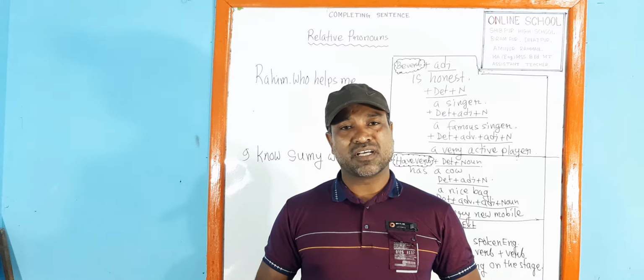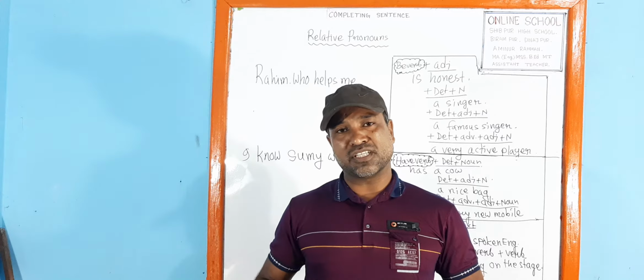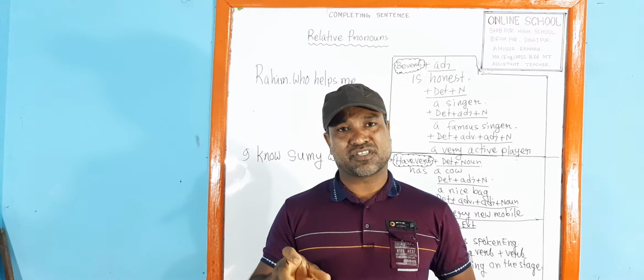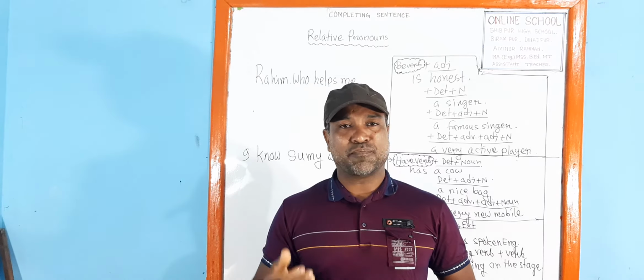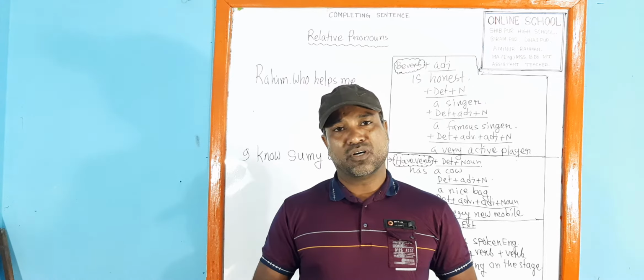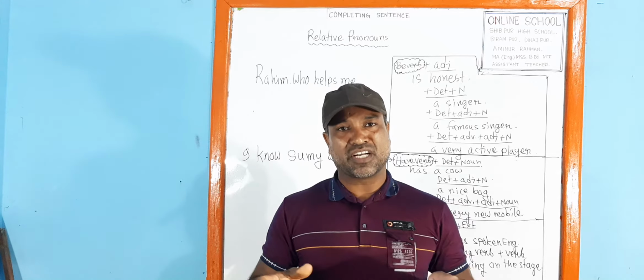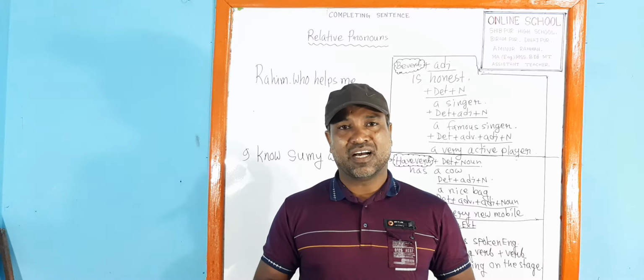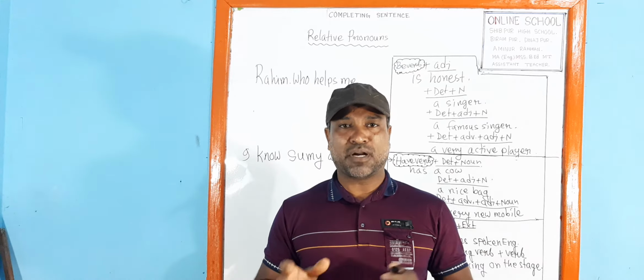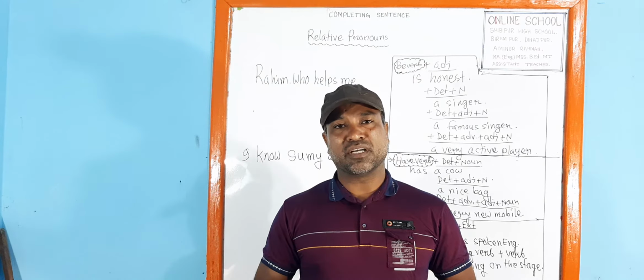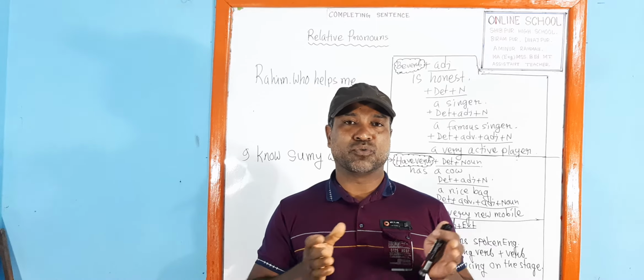Okay, my dear students, before discussing this completed sentence, already I have discussed some use of determiners, part one, part two, and also how can you make sentences in an easy way in part one and part two. Part one, basically, how can you make sentences using be verb and have verb, and part two, how can you make sentences using modal verb and also with verbs.